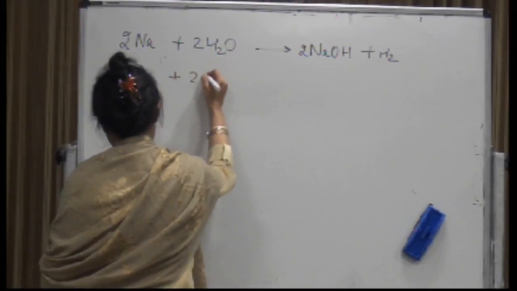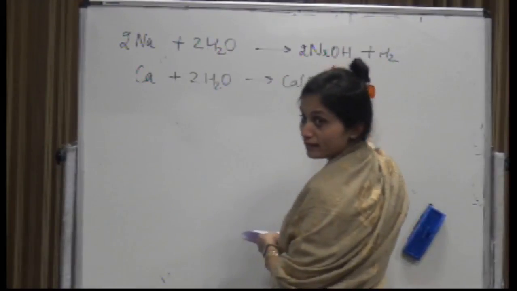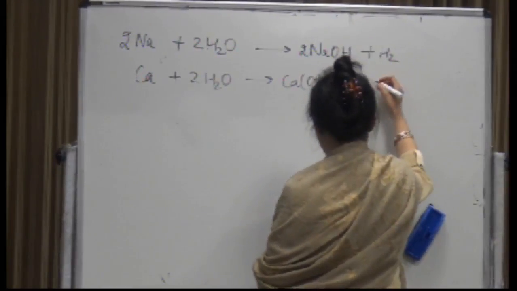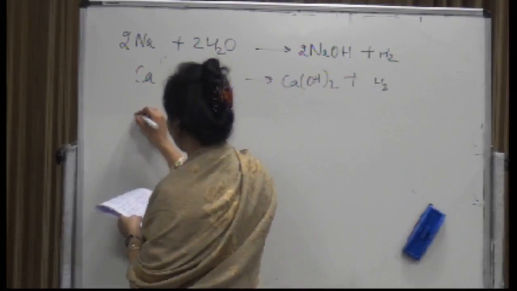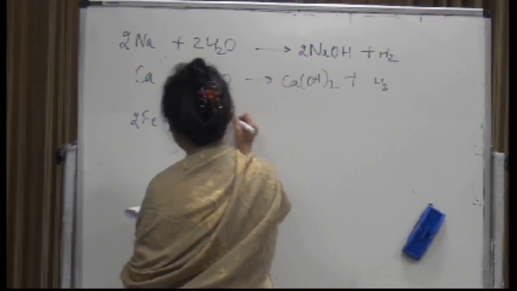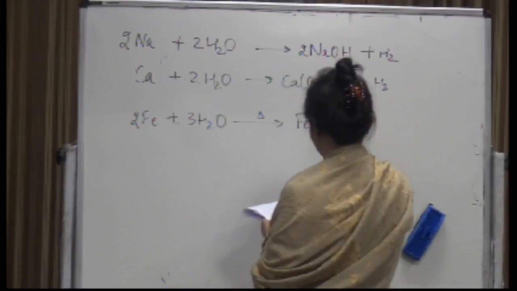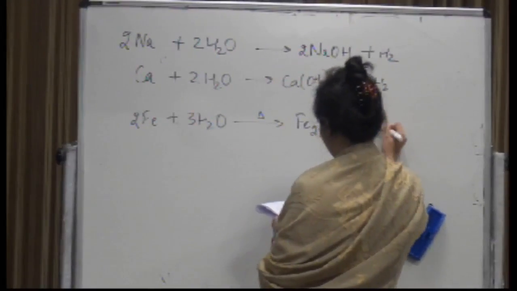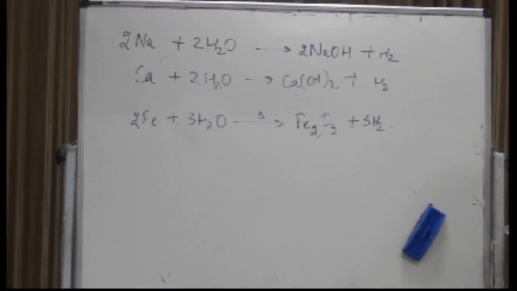Ca plus 2 water is giving Ca(OH)2 plus H2. Alright, I'll cut it short. Just one more reaction. Otherwise, I have some 10 sets of reactions that I've written. Fe2O3 plus 3H2. In all the cases hydrogen is 0. Very good.